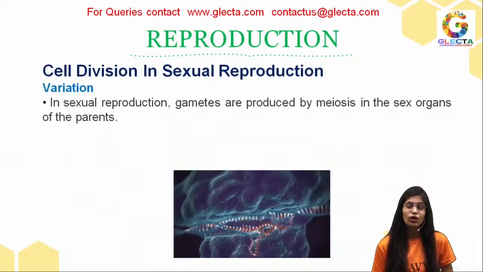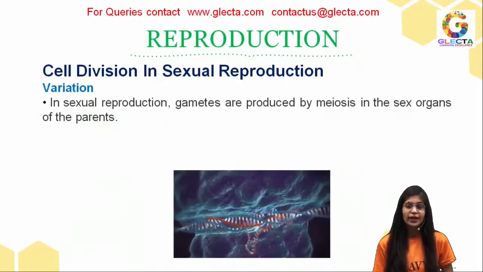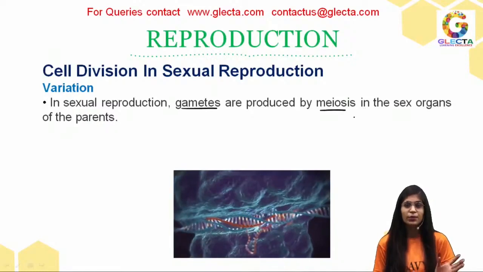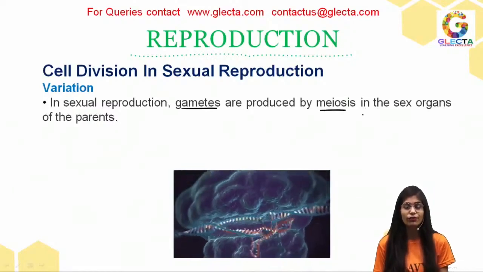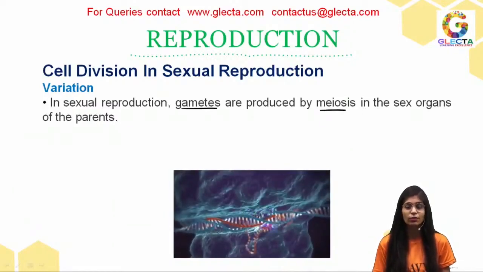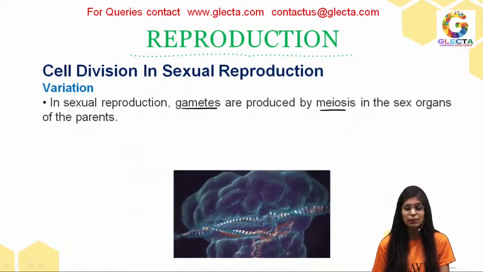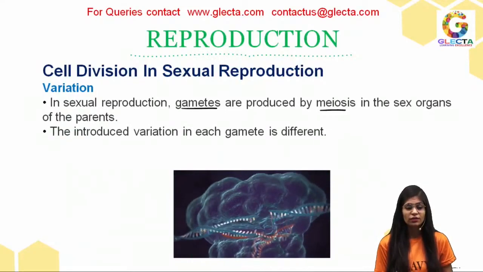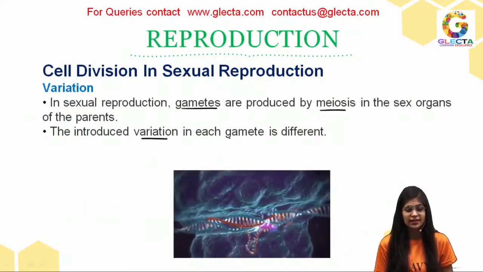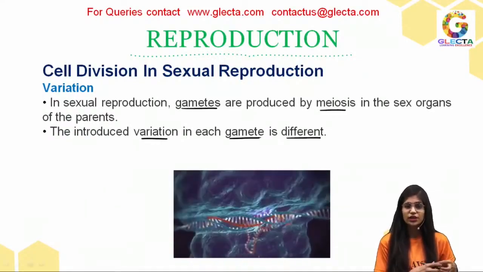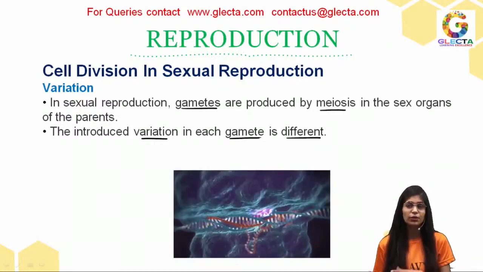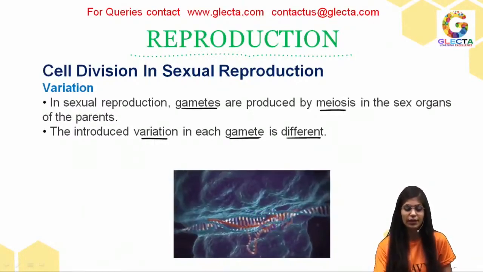On the other hand, if you talk about sexual reproduction, gamete formation is taking place due to meiosis. Meiosis involves a certain amount of variation in the genes, like I talked about possibility number 1 and possibility number 2. The introduction of the variation is in this step itself, because possibility number 1 will have different kinds of gametes coming up, and possibility number 2 will have different kinds of gametes coming up.